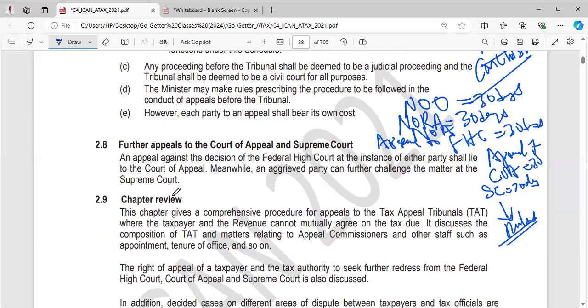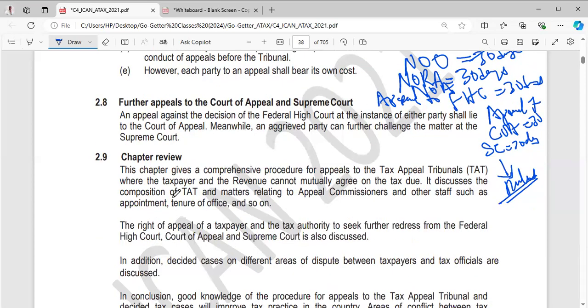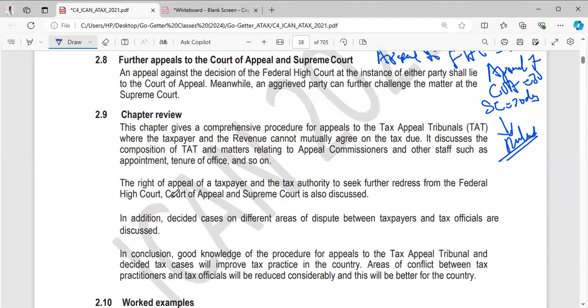So that's it here on the Tax Appeal Tribunal. This is objection, tax dispute resolution. How do you resolve tax disputes? First of all, you try to resolve it amicably between the Federal Inland Revenue Service and the taxpayer by talking it out, send a notice of objection, peaceful.